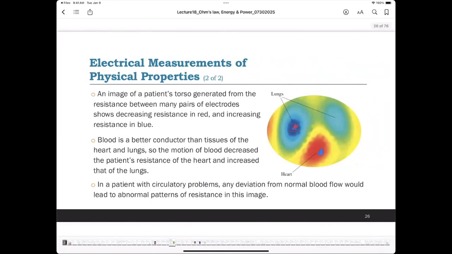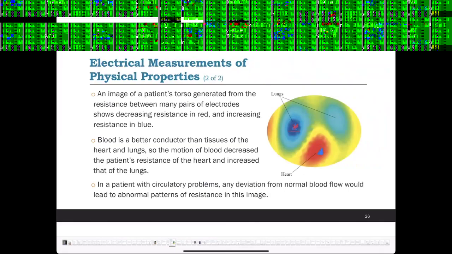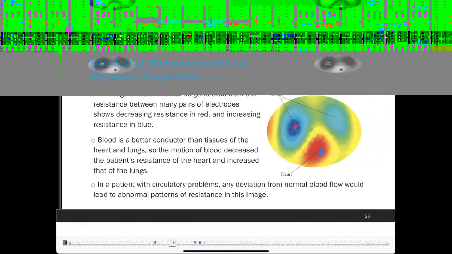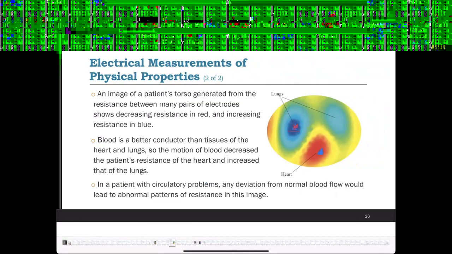The heart has a smaller resistance, so maybe it contains more muscle. Blood is a better conductor than tissues of the heart and lungs, so the motion of blood decreased the patient's resistance of the heart and increased that of the lungs.